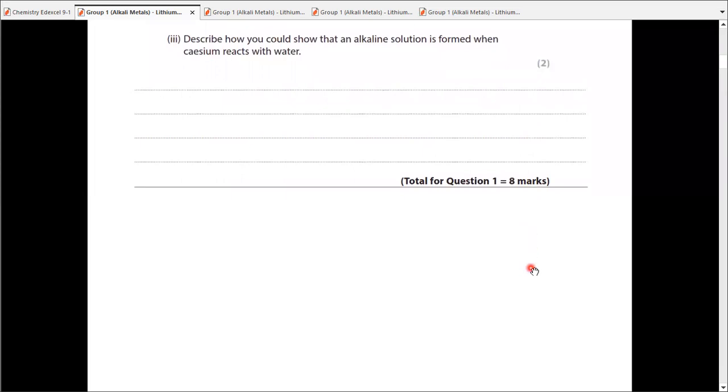Describe how you could show that an alkaline solution is formed when cesium reacts with water. This doesn't really belong to the same chapter, but since the teacher might put it as part of your test, let's go ahead with this.